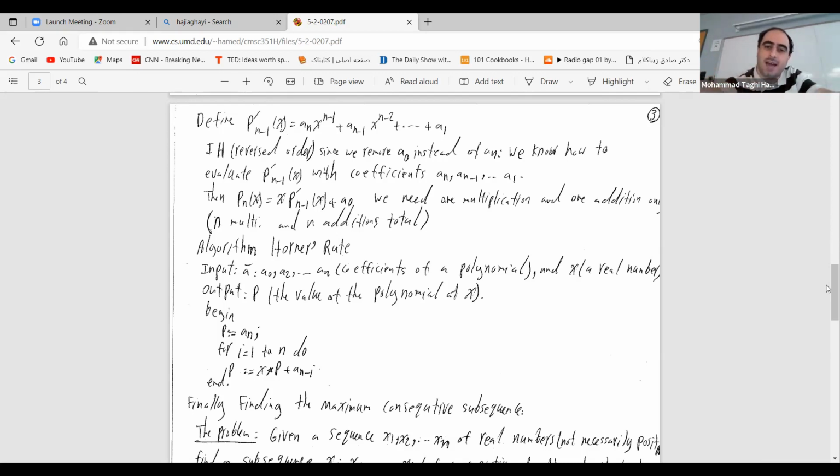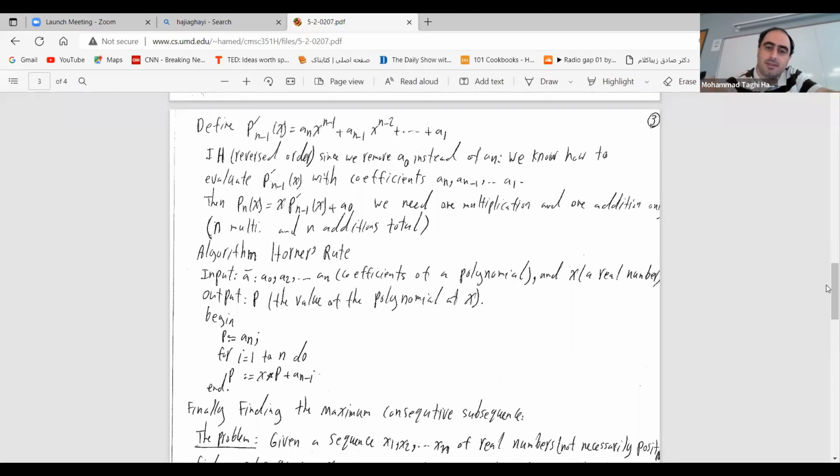Here we essentially have a1 times x to the 0. A0 has been essentially removed from this consideration, and this is 1 as well. So this is somehow the derivative of this.